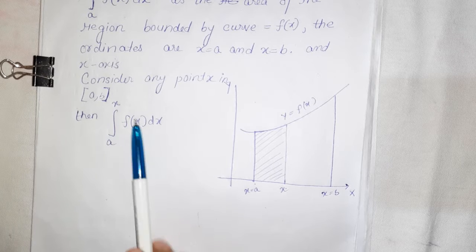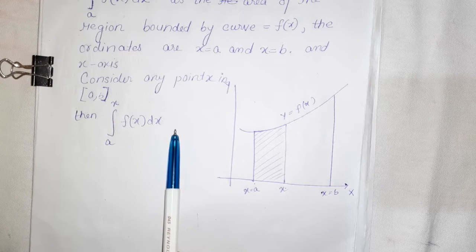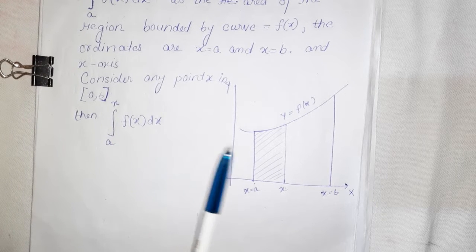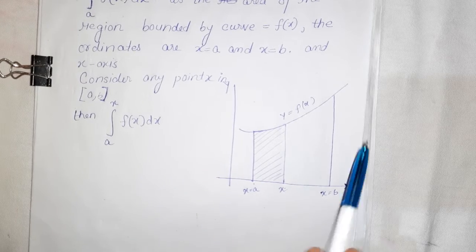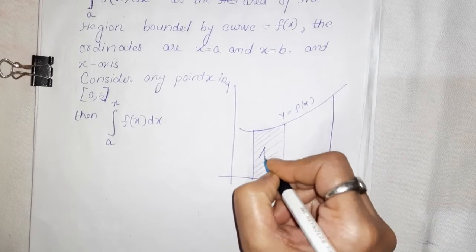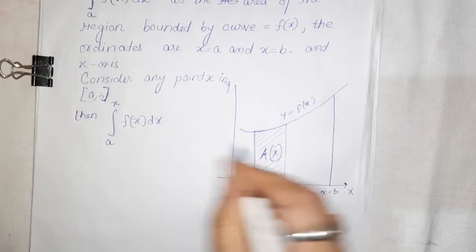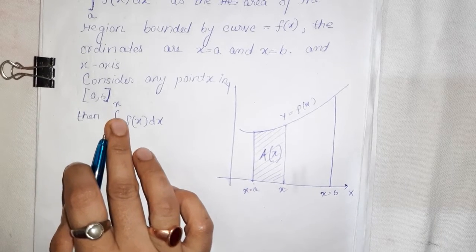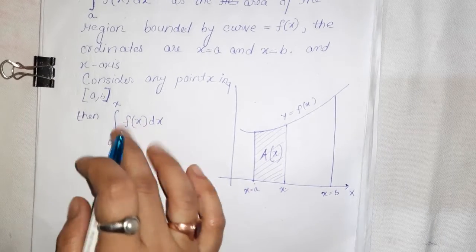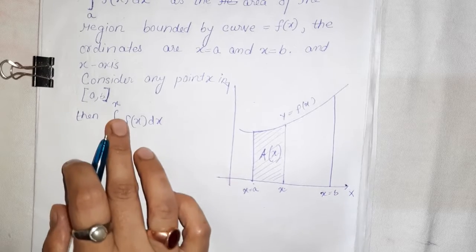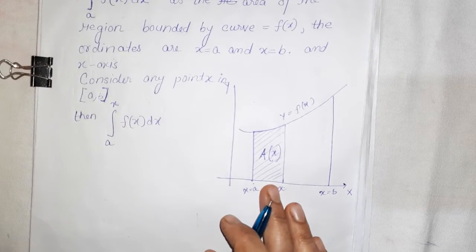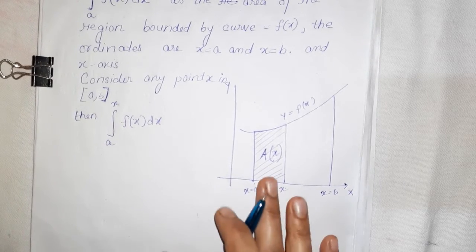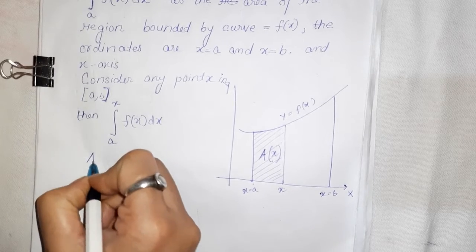Or you can say that the area of this shaded region is a function of x. We can denote this as A of x, because here there is no constant value, so when you put x in the integral, you get the area as a function of x, and we call this A of x the area function.